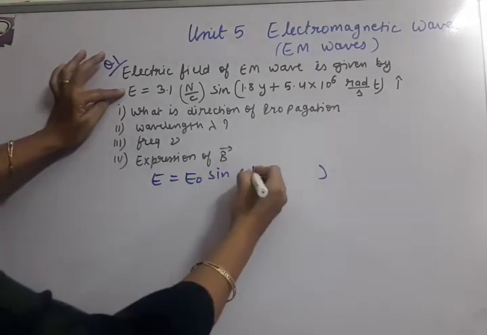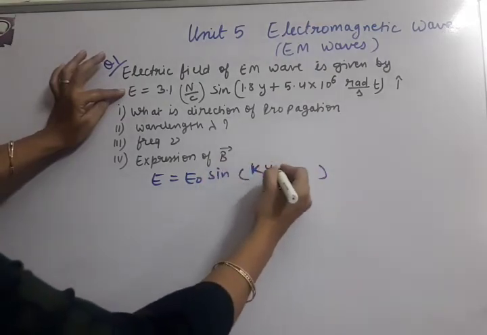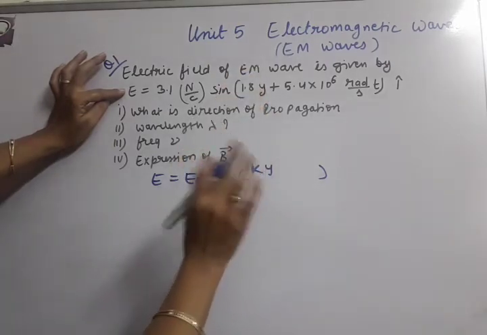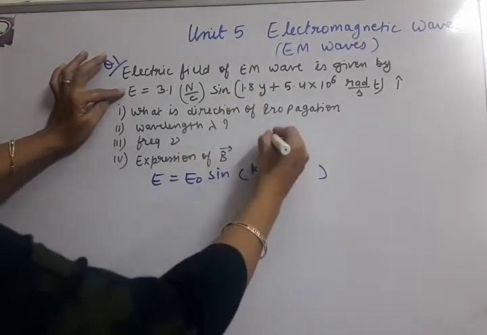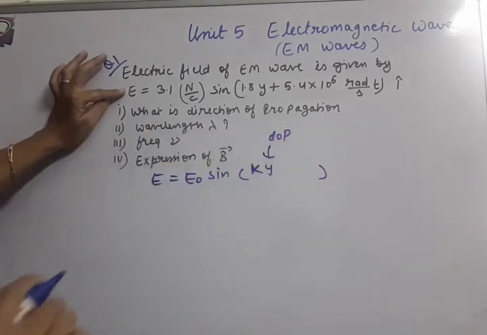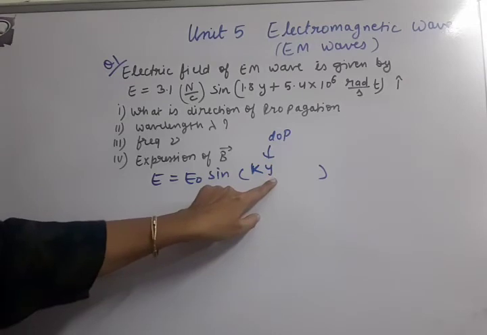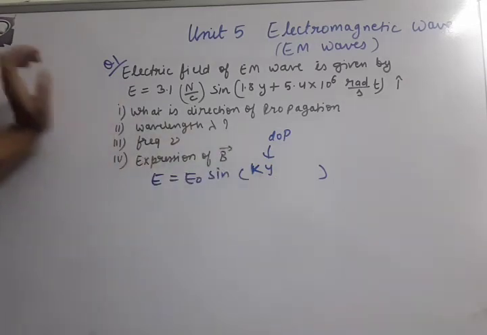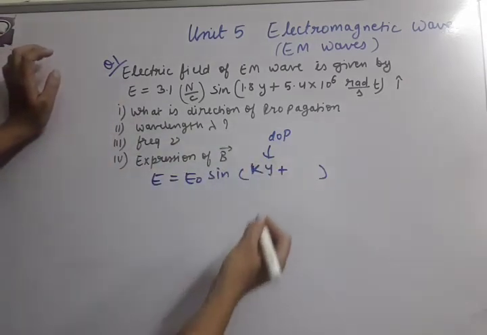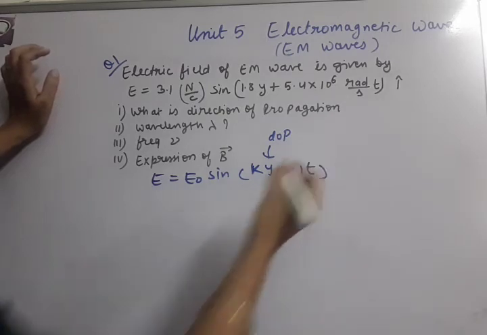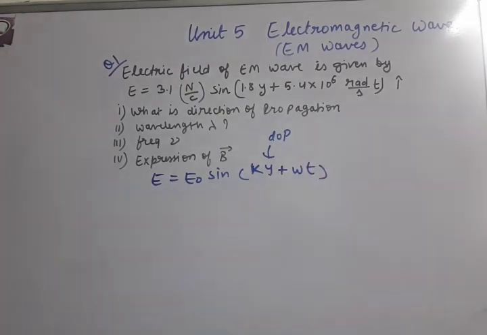Now in the bracket k y is given now in place of kz. So y is our DOP. Whatever is given in the bracket of the sine along with k, that is our DOP, direction of propagation. Now here plus sign can also be there or minus sign can also be there, and other than that omega t term is denoted.